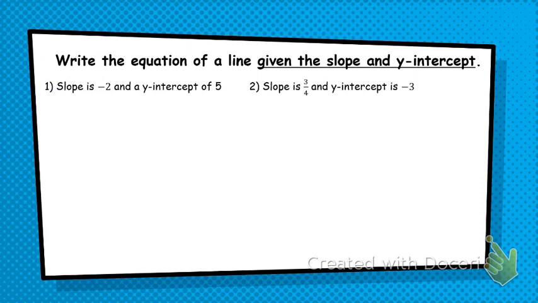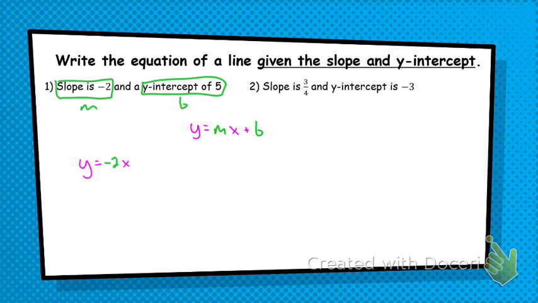So if I'm giving you the slope and we're trying to write it in this form right here, y equals mx plus b, well, in this case, our slope is our m, and our y-intercept is our b value. So we would have y equals negative 2x plus 5.